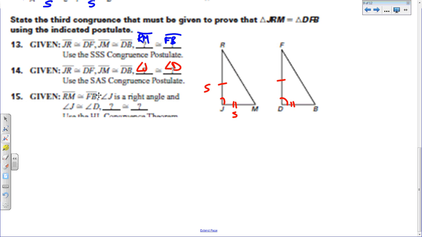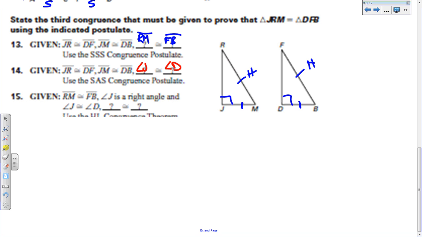Then number 15, we have RM congruent to FB. J is a right angle, and J is congruent to D, so D has to be a right angle. Then we need legs congruent to each other. So we have hypotenuse, we need the leg.